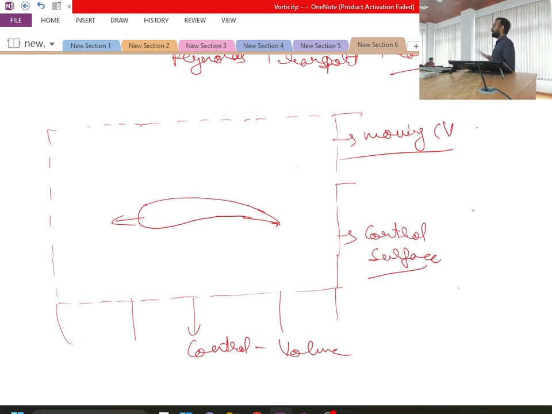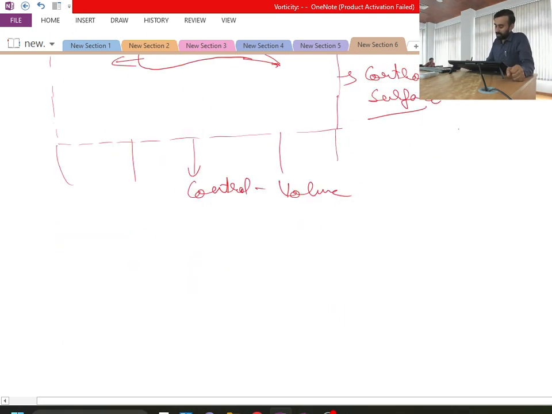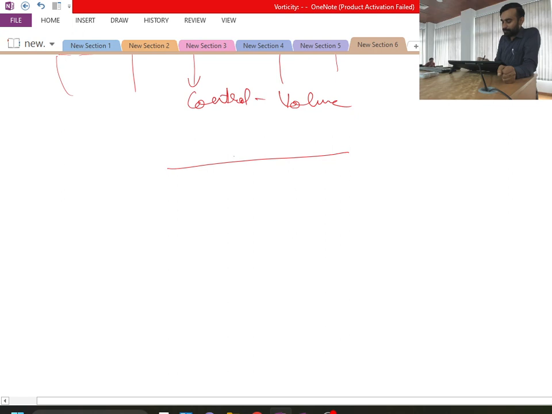Similarly, I can talk about a ship. If a ship is moving in water and I want to analyze the flow field around the ship, then I will fix a control volume around the ship, and when my ship is moving, my control volume also has to move. So this is the case of a moving control volume. Then I can have another situation. Say I have a circular pipe which is fixed and fluid is flowing through this pipe.